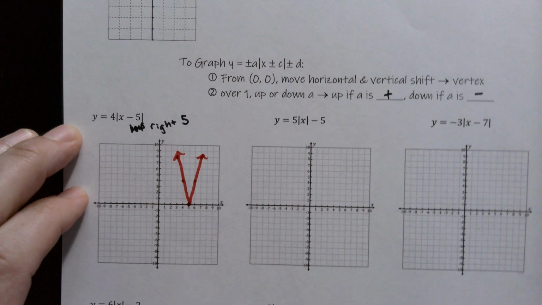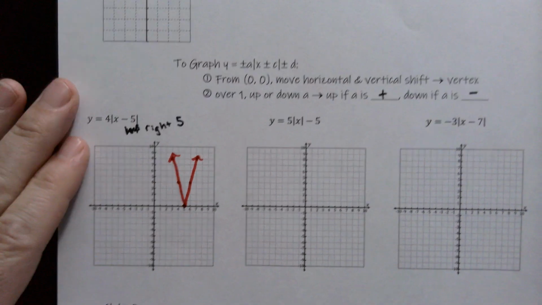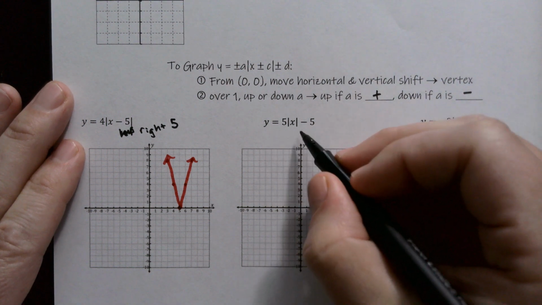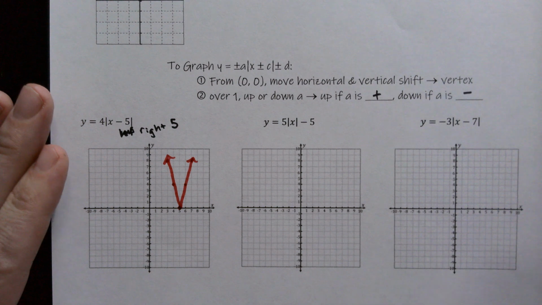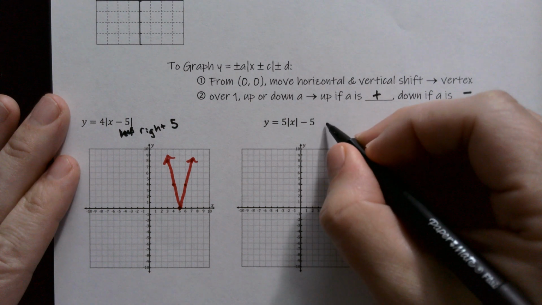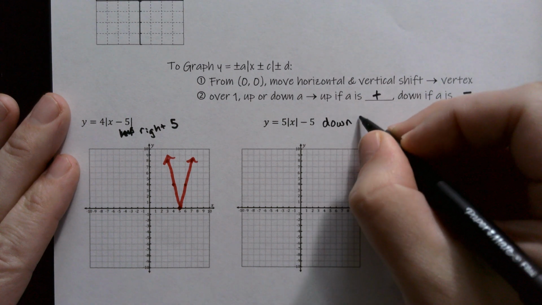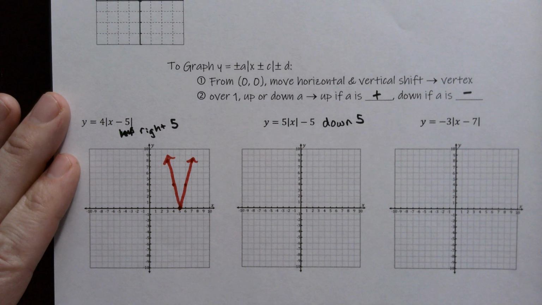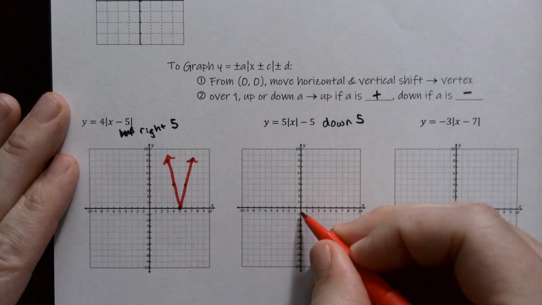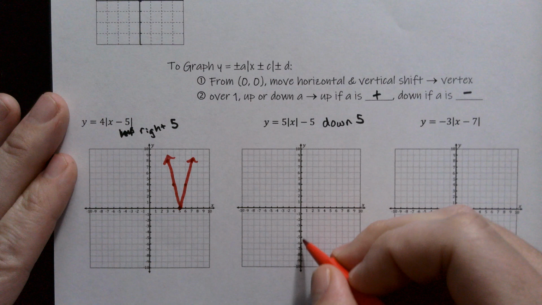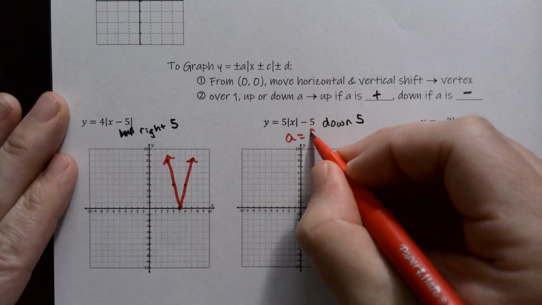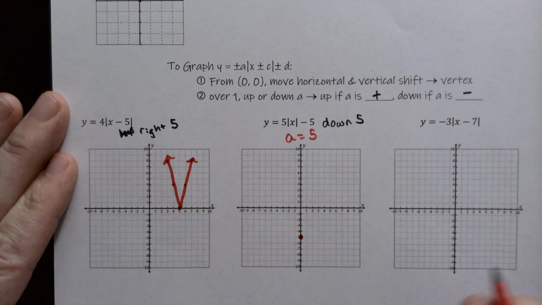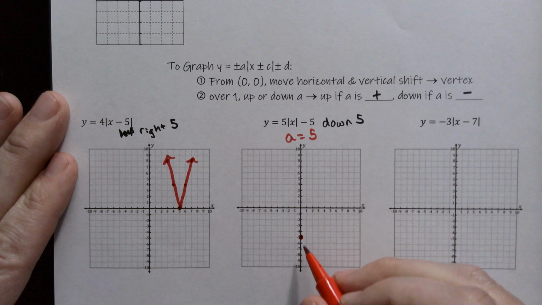Let's take a look at the next one. We've got y equals 5 times the absolute value of x minus 5. This minus 5 is going to cause it to go down by 5. So we'll take our initial vertex and move down here. Our A is equal to 5, so that's what we're going to move up when we go over.